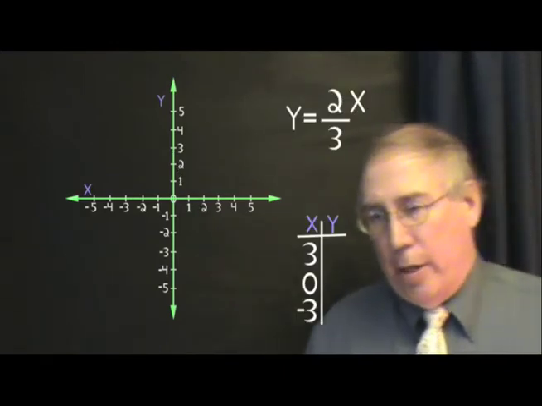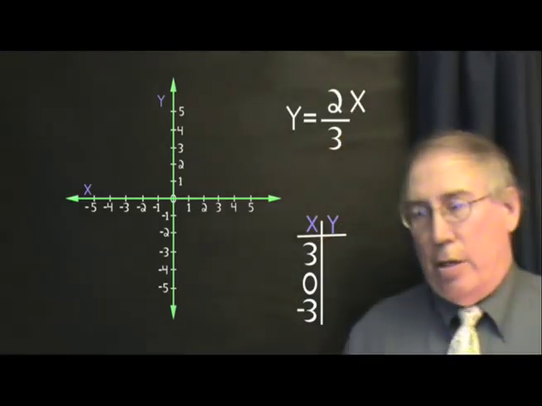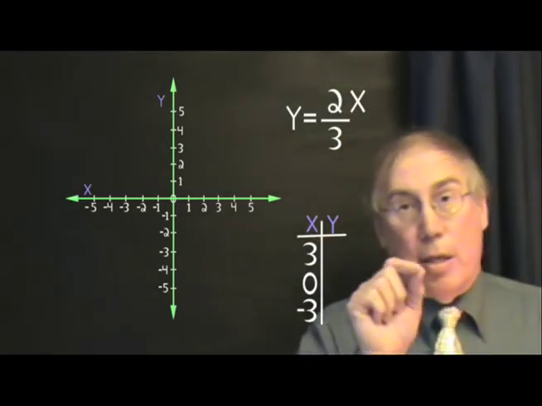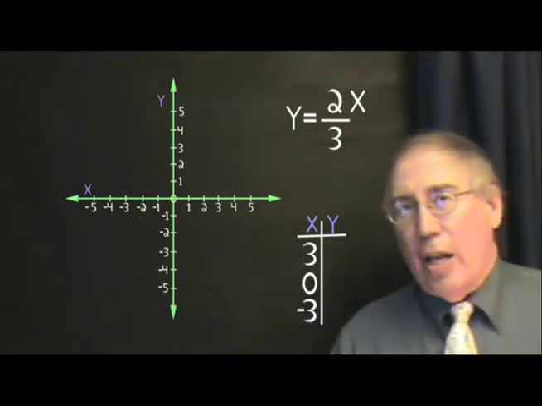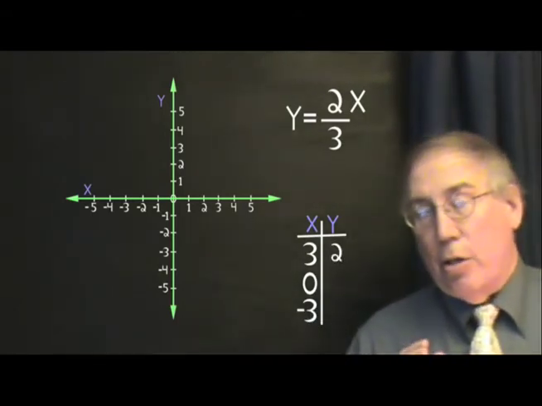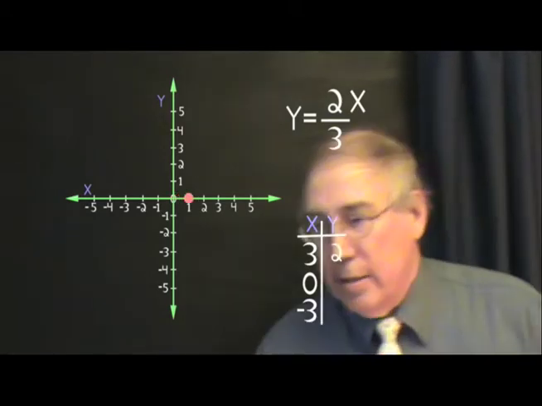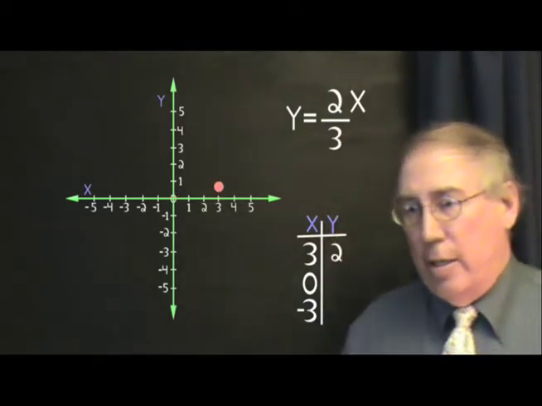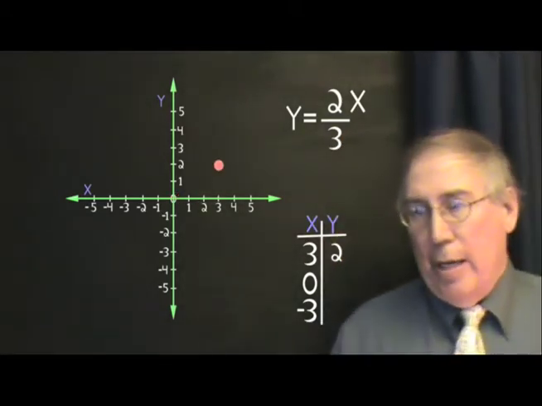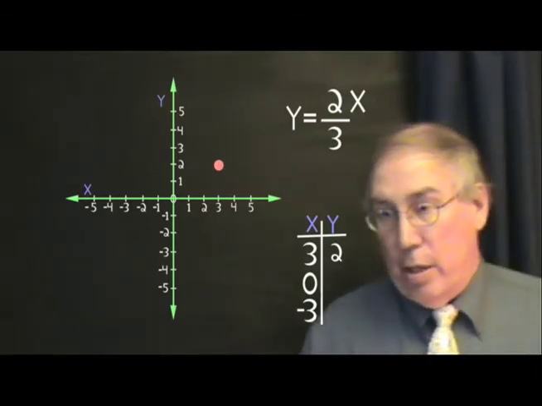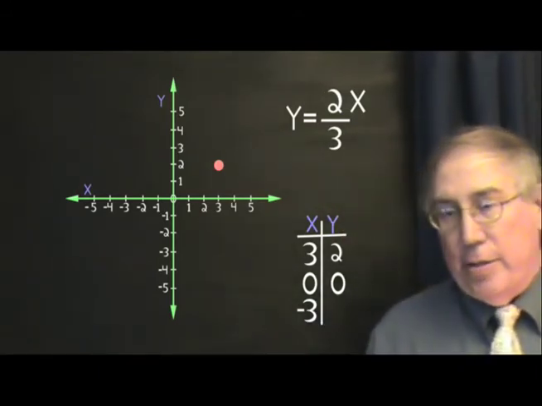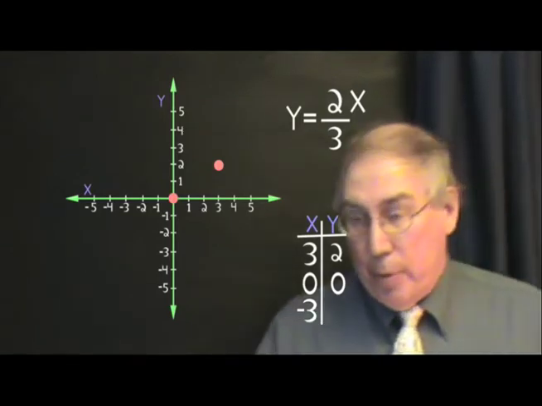Our next example here, we're going to have a slope of 2/3. It's a positive 2/3, so the line should lean towards the right. So let's put in a couple values here. We'll put in 3 for x, and we'll get 2 for y. And so we go 3 to the right, 2 up, and then we put 0 in.